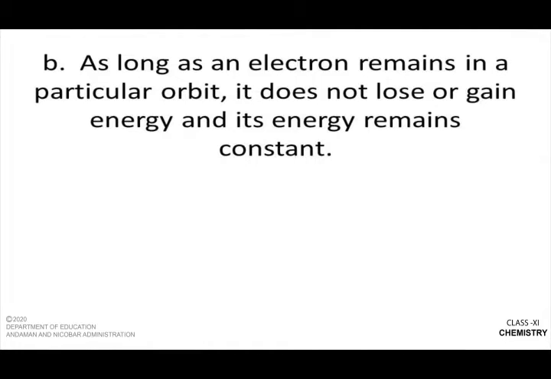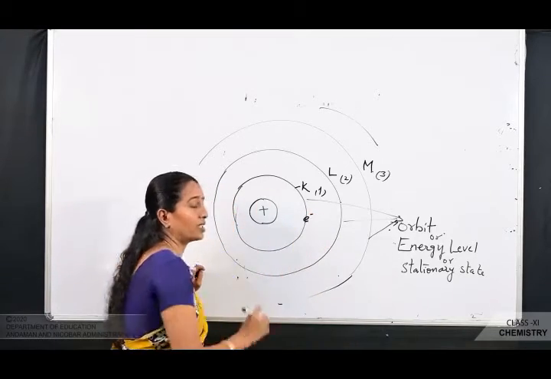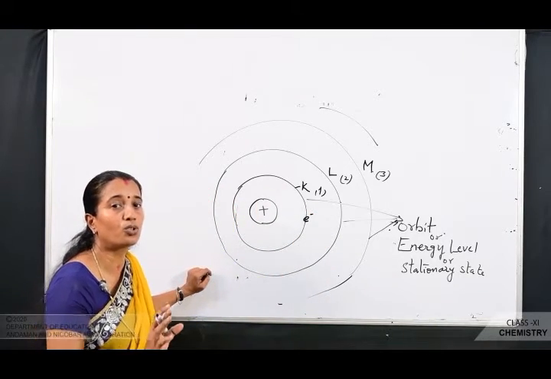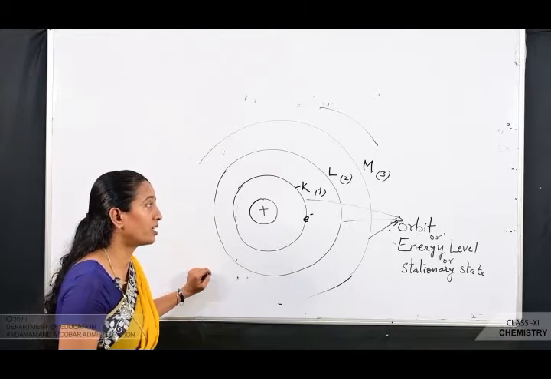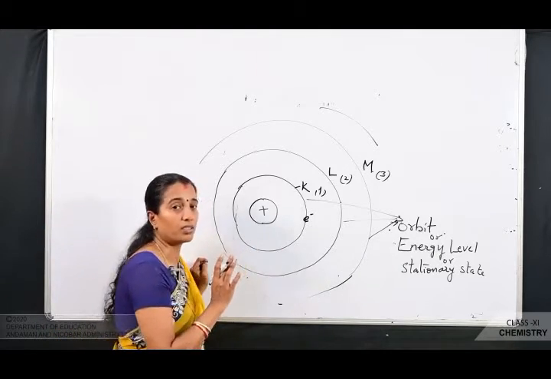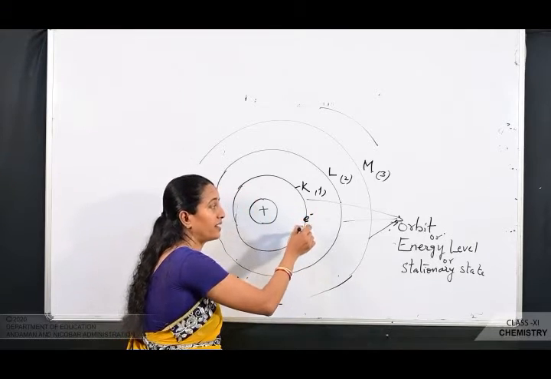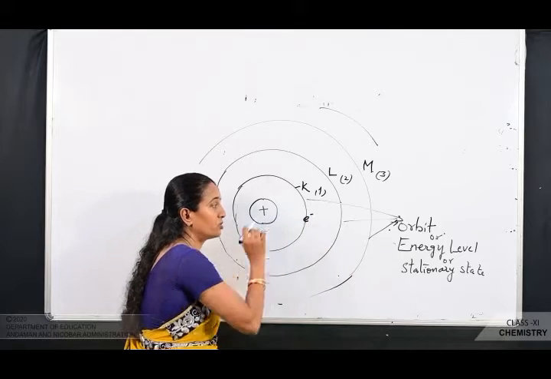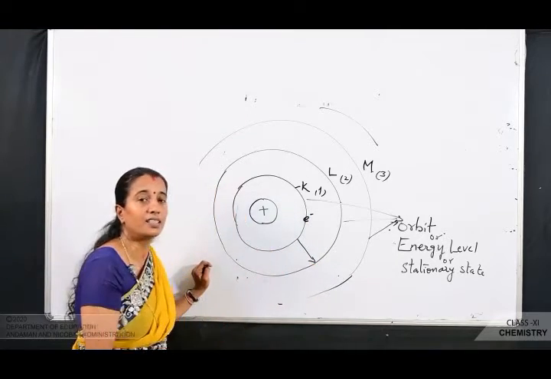Now, come to the second postulate. As long as the electron remains in a particular orbit, if I consider that the electron is present over here, it is not going to lose or gain energy, it remains constant. That means it is stable. But if I give energy to this electron, it is going to jump to a higher energy level.